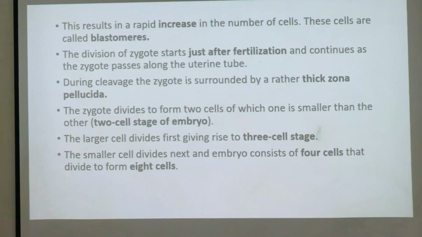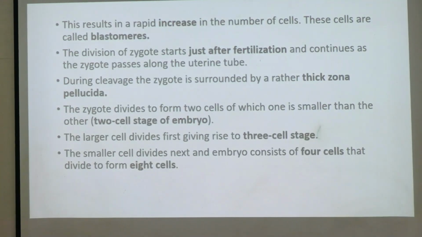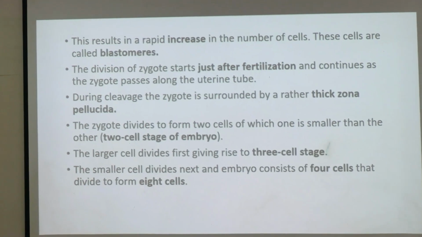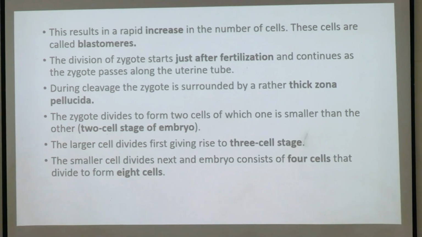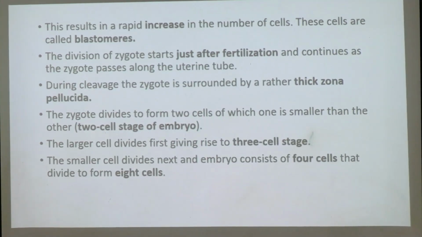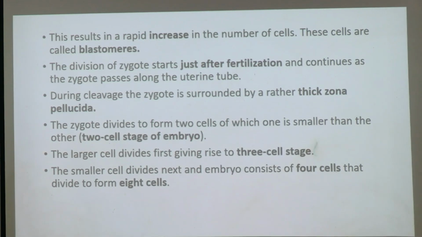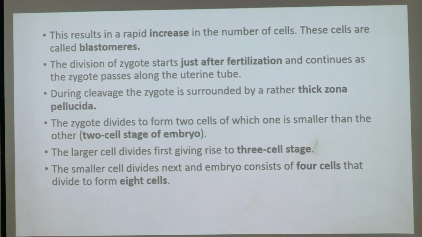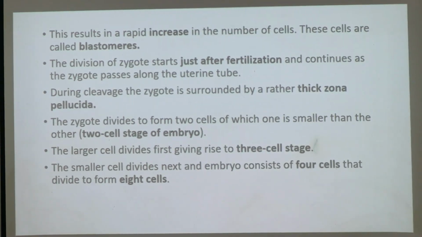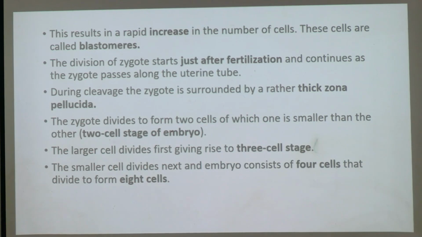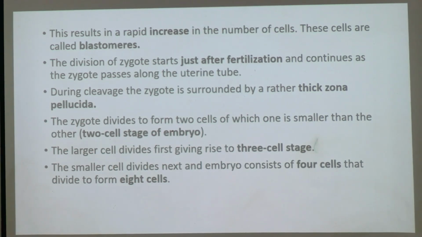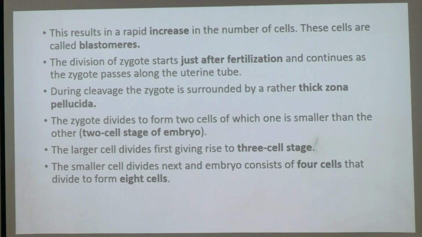This results in a rapid increase in the number of cells. These cells are called blastomeres. The division of zygote starts just after fertilization and continues as the zygote passes along the uterine tube. During cleavage, the zygote is surrounded by a rather thick zona pellucida. Take down the point: during the whole process of cleavage, the zygote is surrounded by the zona pellucida layer.